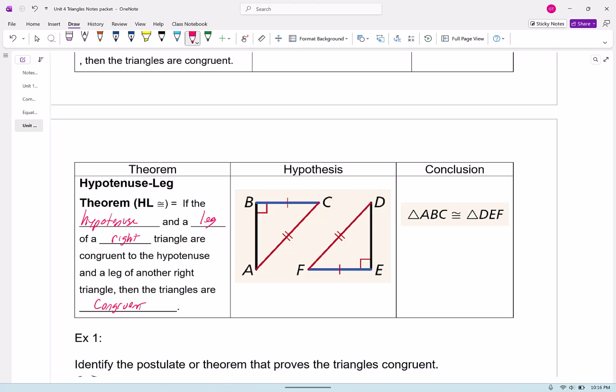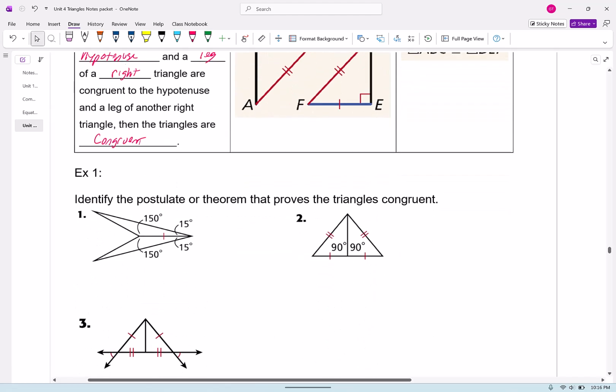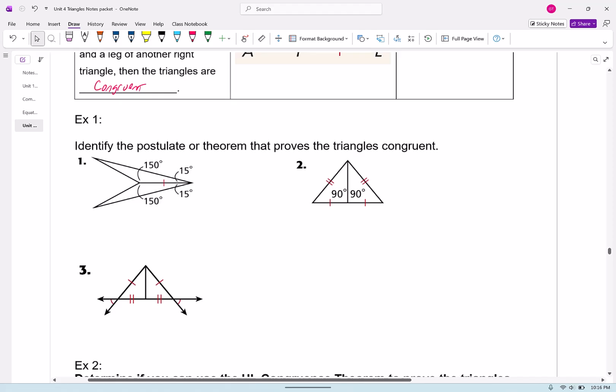All right, so we can see here AC and FD, that's the hypotenuse, they are congruent. Okay, one of the legs, BC and FE, are congruent. Okay, therefore, using the hypotenuse leg theorem, we can say that they are, in fact, congruent triangles.